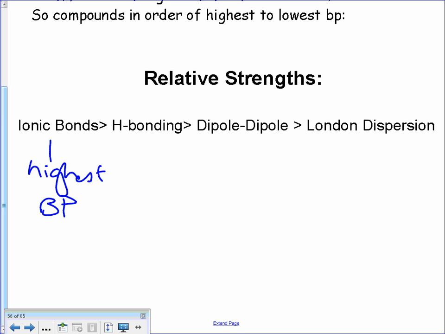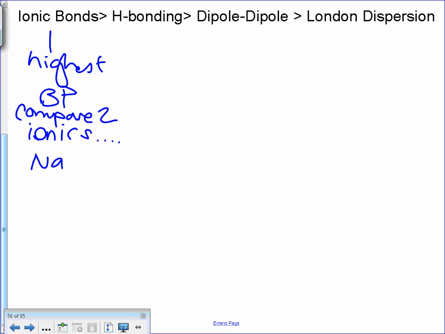And if you had to compare ionics, what's going to help you figure out who has the stronger attraction for each other? We did an example of this last week. Do you remember the charge product where we looked at the charges of, let's say, sodium chloride versus sodium oxide?